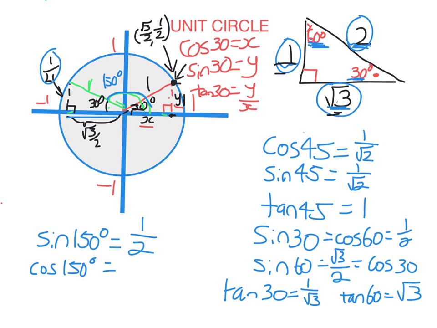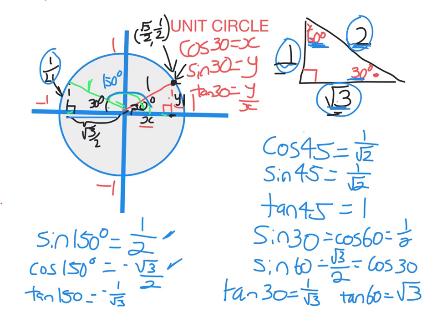Cos is the x value, but here the x value is negative, so it's the same number as before, root 3 on 2, but this time it's negative. And I can find the tan of 150, which is just sine 150 divided by cos 150, and because it's a positive divided by a negative, it will be negative. So tan 150 will be negative 1 on root 3.